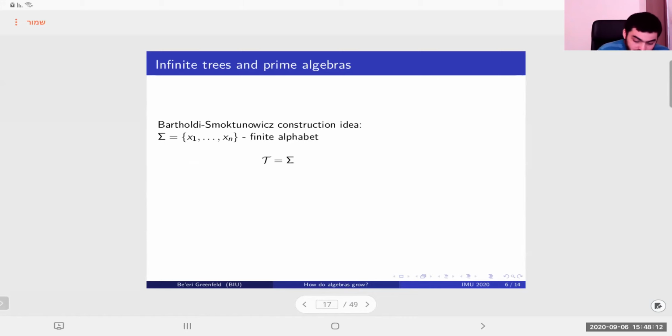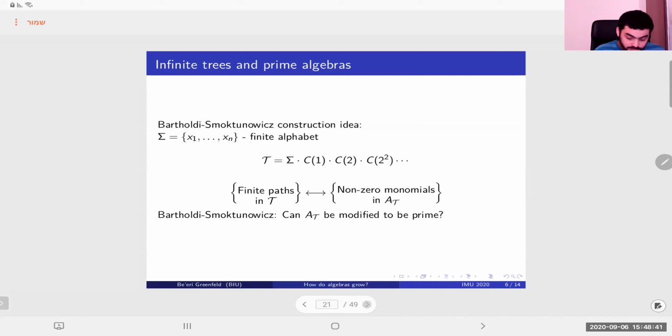They start with the finite alphabet, and then they pick some subset of this alphabet, and consider all concatenations of a letter from the alphabet and from this subset. Then they choose some subset of this new set and put it here. So this is of length 1, this is of length 1, this is of length 2, where C2 is just a subset of this set, and so on.